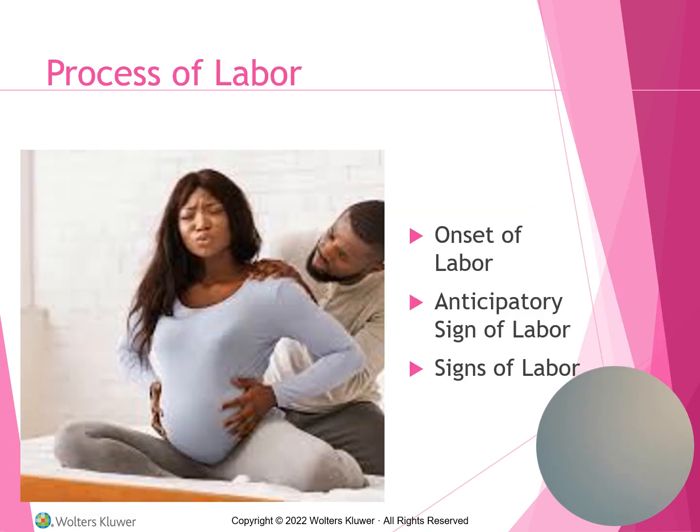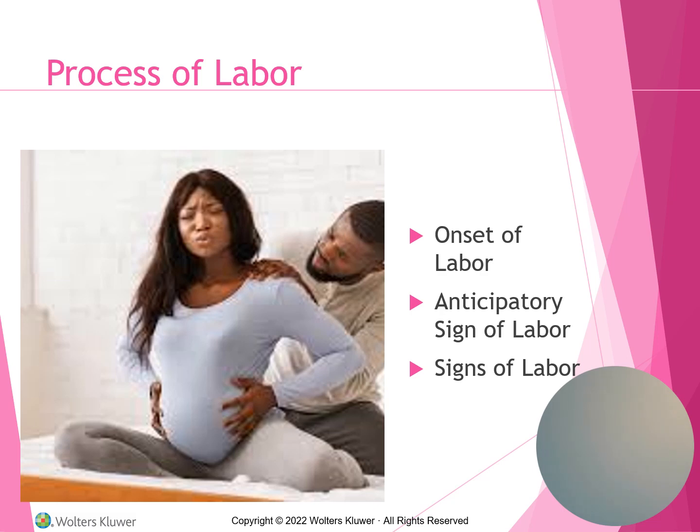The process of labor is defined as the process in which the passageway, passenger, powers, and psyche work simultaneously to accomplish birth. A problem in any one of those components can negatively affect the duration and the outcome of the labor.